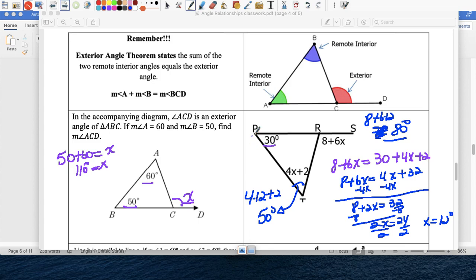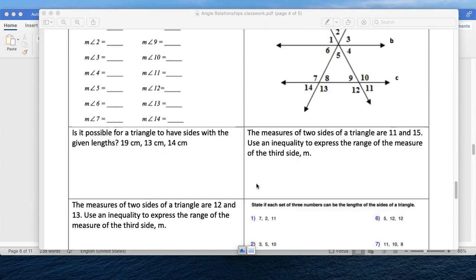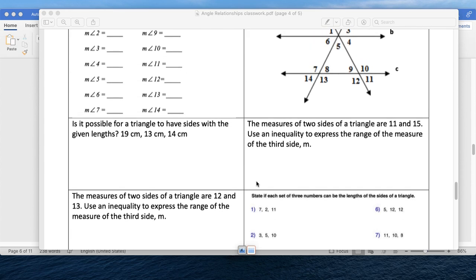So this 30 plus 50 equals 80, and they are equal to each other, right? Those two angles.